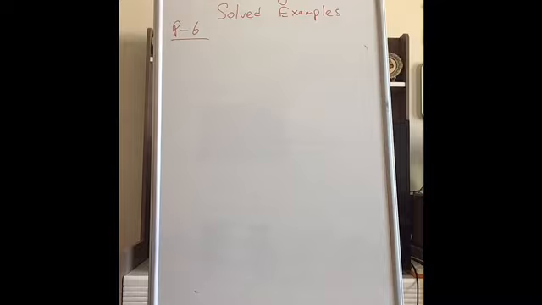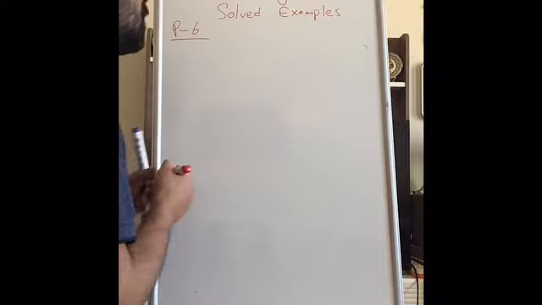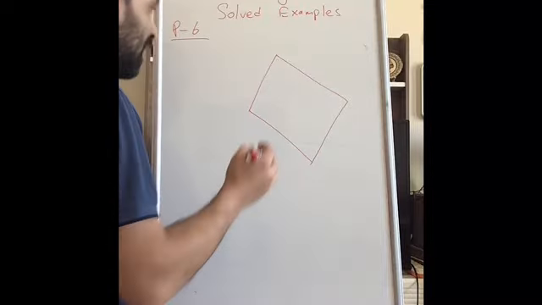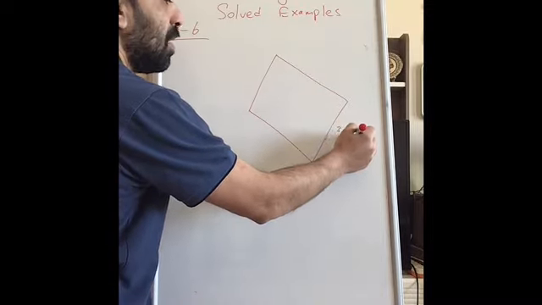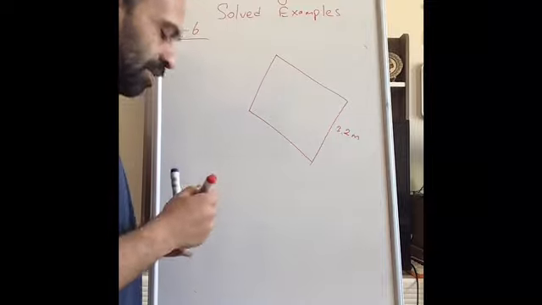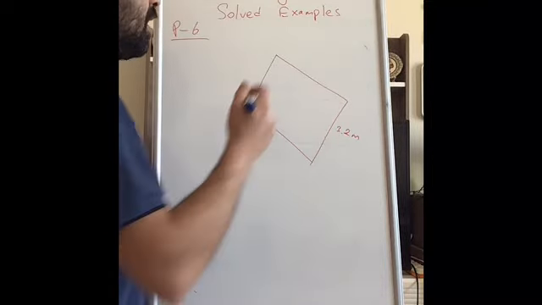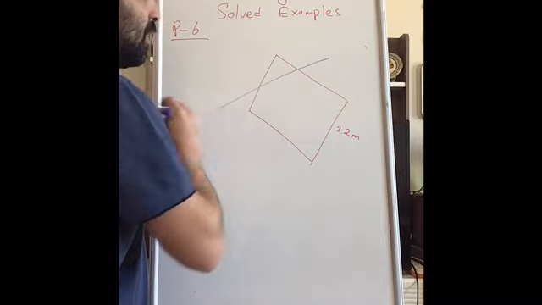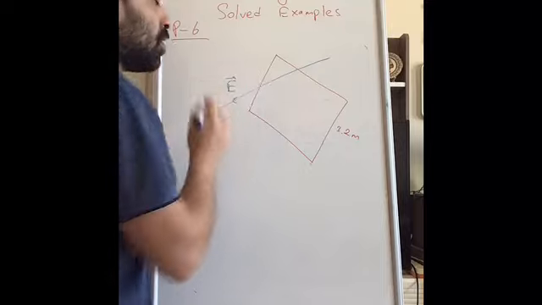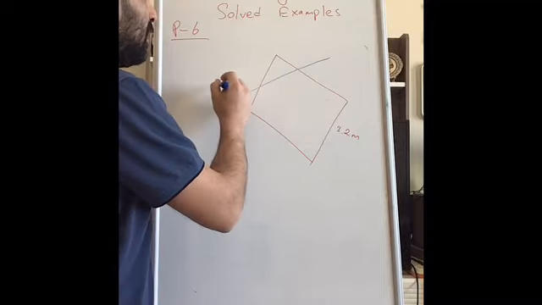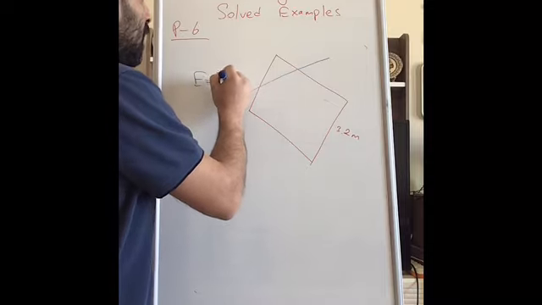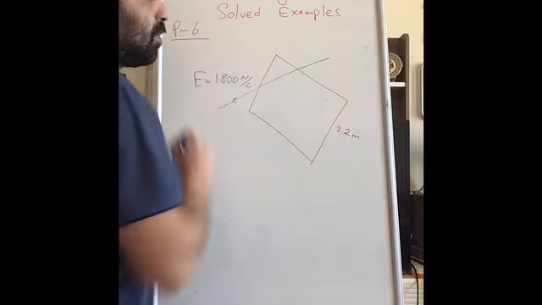All right, first, picturizing. We have a square surface. Let me just put it in red. So this is the square surface, and each side is 3.2 millimeter. Actually, there are many electric field lines, but I'll draw only one of them to picturize it. It is in an electric field, so this is one of the electric field lines representing the electric field. Uniform, so the electric field is equal to 1800 Newton per Coulomb, and it is constant.